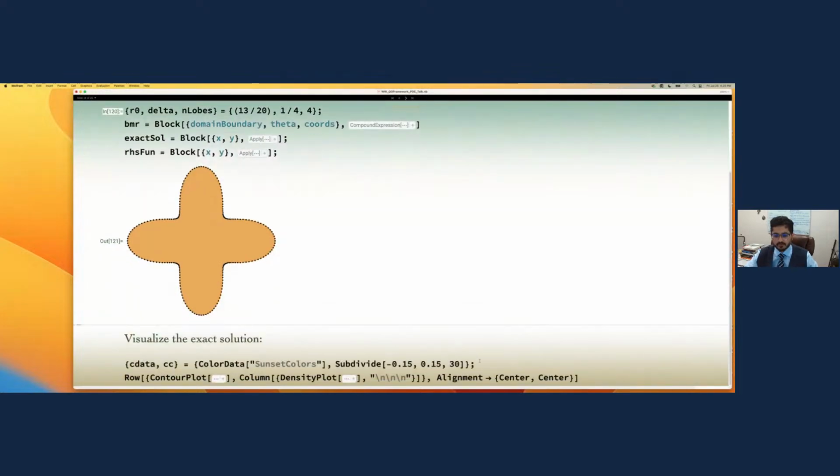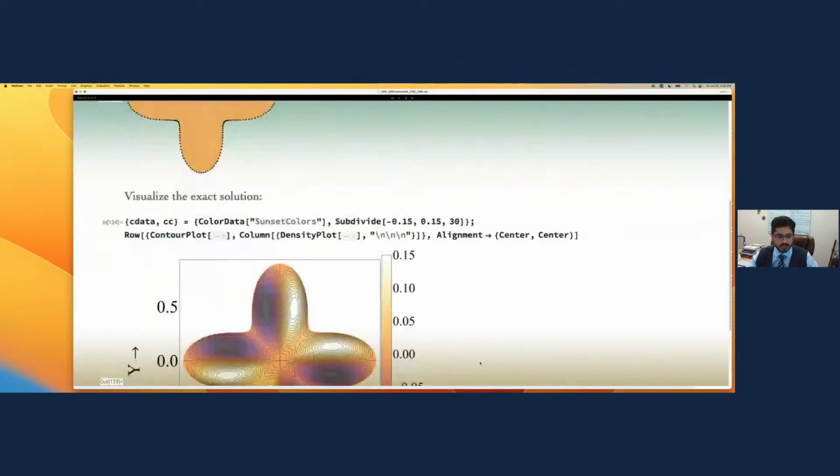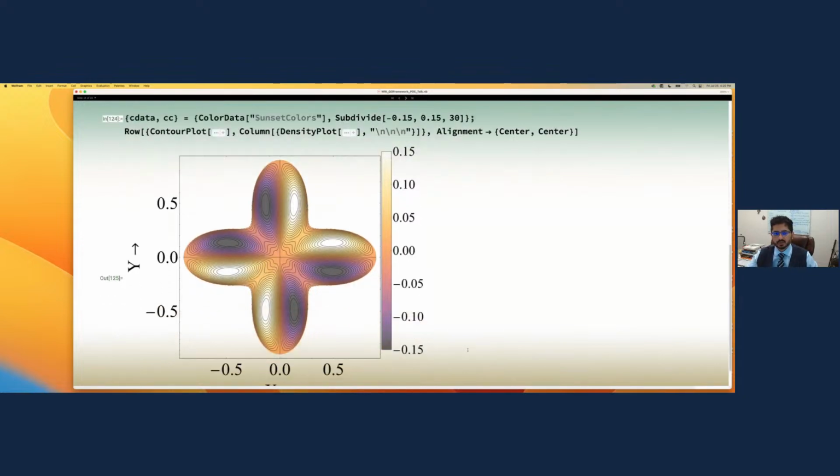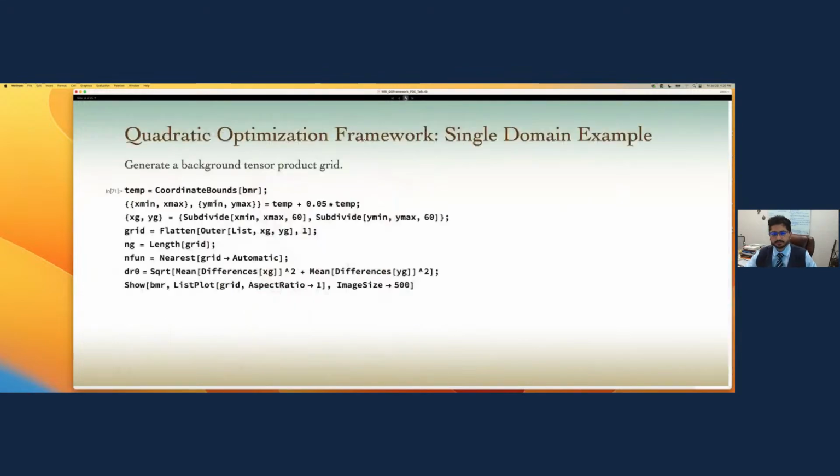Okay, so first I'm going to show you the visualization of the exact solution. So this is what the exact solution looks like. It's a whole bunch of sines and cosines, but the important thing is the analytic solution is known, so that the elliptic PDE, the right-hand side of that, is also known analytically to us.